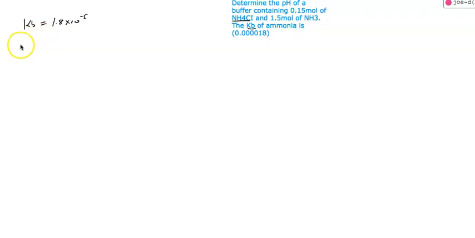We also know the number of moles of ammonium chloride, which is given to us as 0.15 mole, and our weak base, which is 1.5 mole.